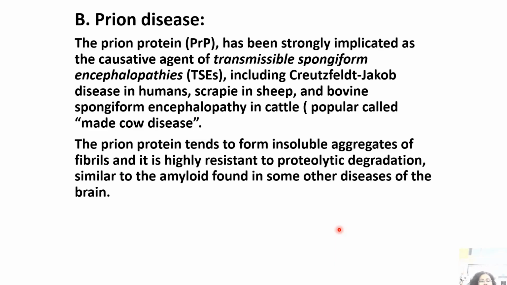Now, the prion protein tends to form, it's really mad cow, not made cow. Okay, the prion protein tends to form insoluble aggregates of fibrils, and it is highly resistant to proteolytic degradation, similar to the amyloid found in some other diseases of the brain.